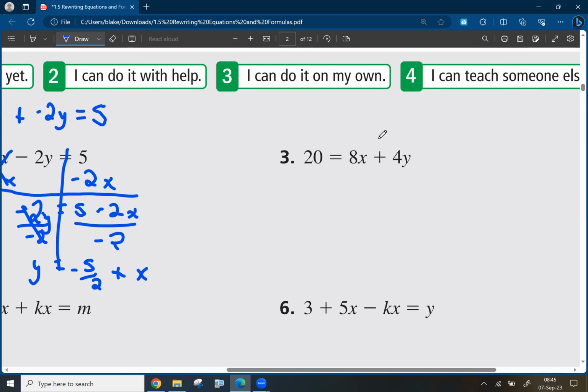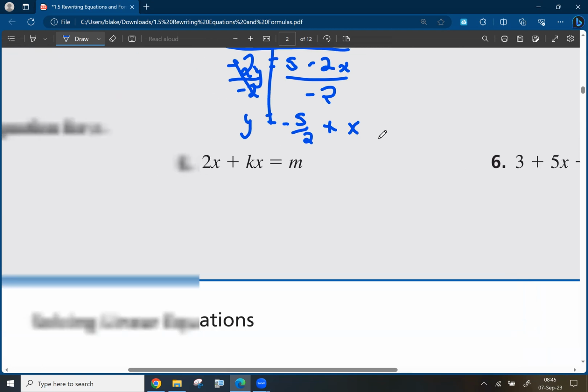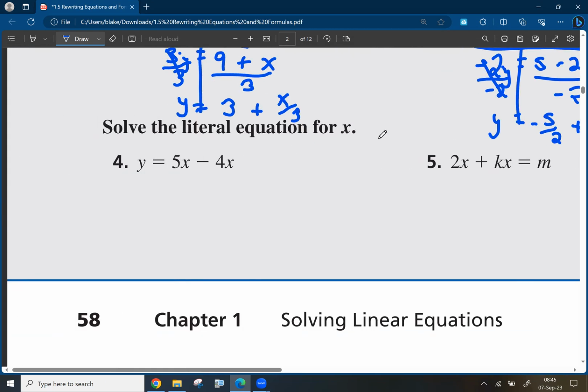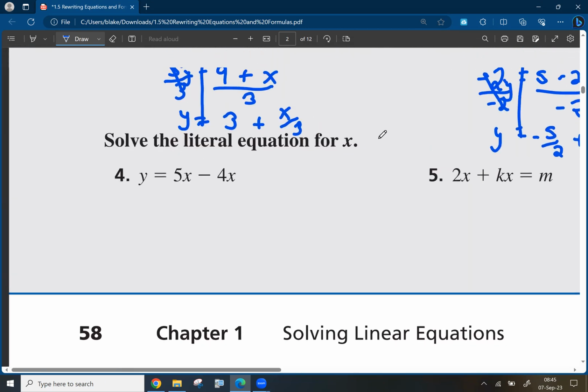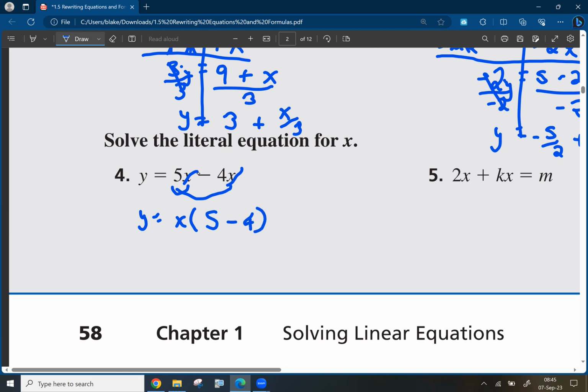All right. I'm going to do a couple of the x ones. Just again, I want to make sure we have time to kind of move on. So solve the literal equation for x. So remember, we have x in both terms. So if you remember from the example, we're going to take the x out of both terms. And so what I'll do is I'll have x on its own taken out of these terms, leaving me just with 5 minus 4.